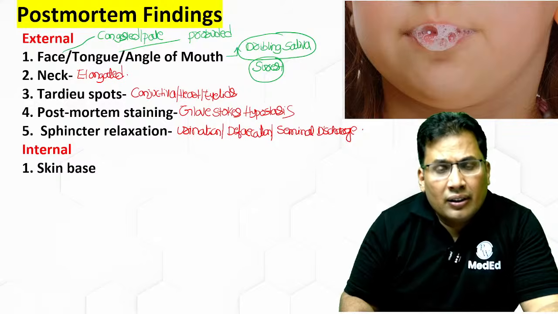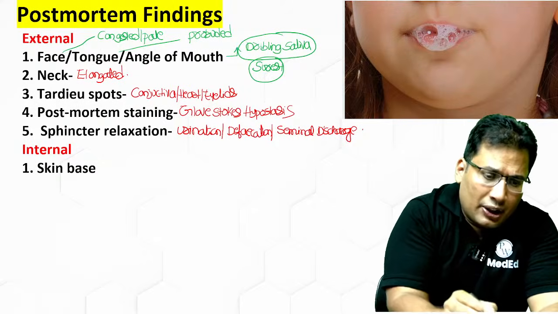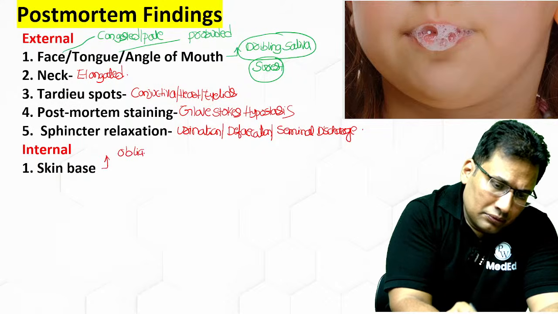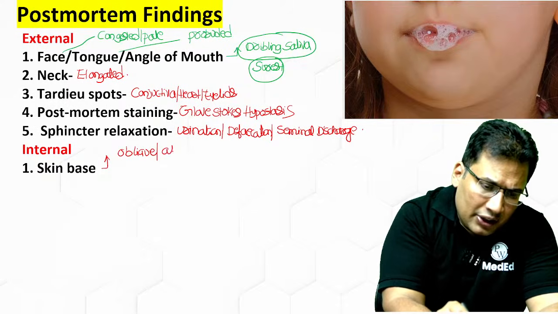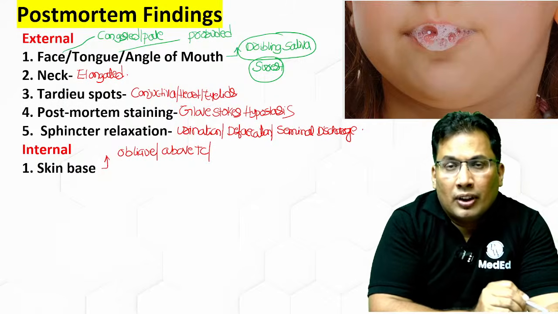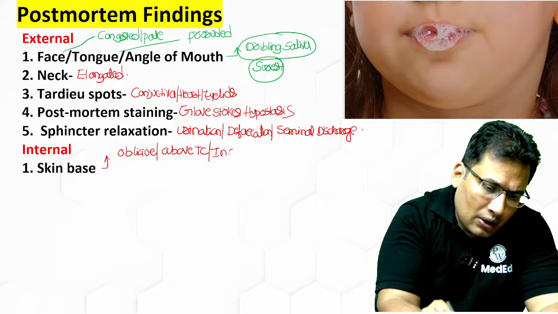Internal finding, when you see the neck, there will be an oblique ligature mark above the level of thyroid cartilage in 80% of the cases, and it is incomplete, not complete.